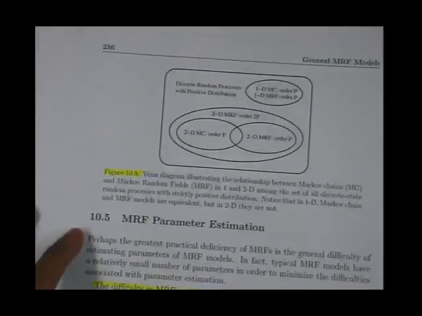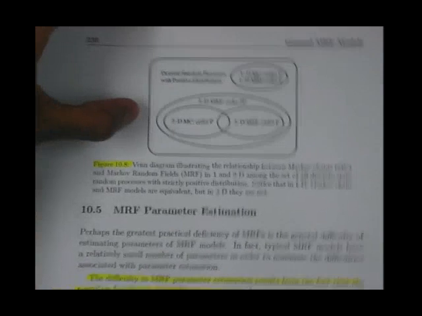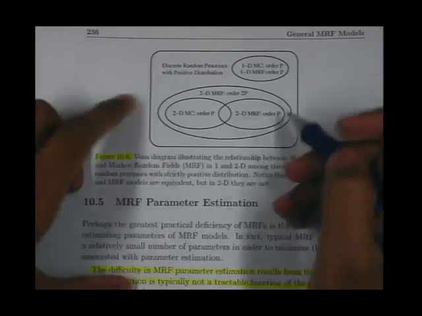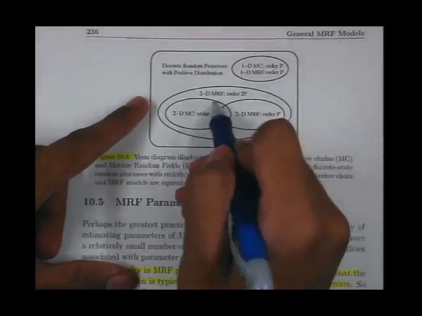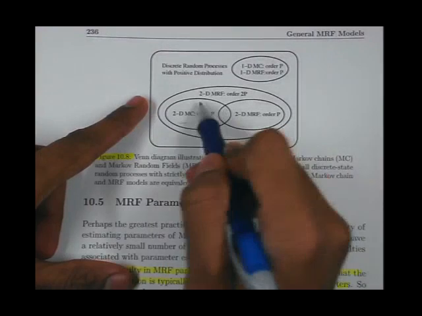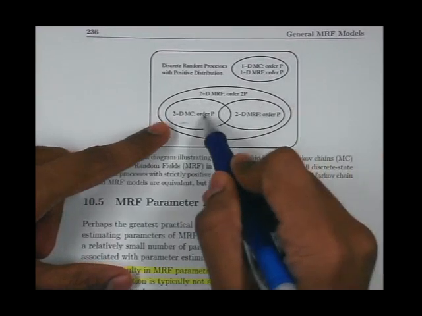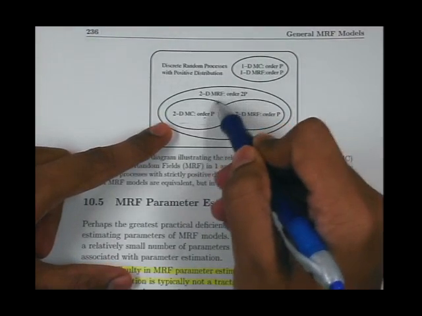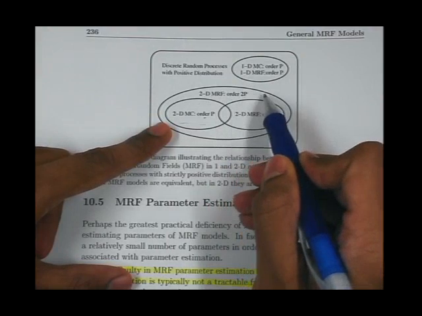And there's a Venn diagram showing this picture, and the professor kind of explained this last time. So here we have 2D Markov chains of order P, and we know that they are in the set of 2D Markov random fields of order 2P.